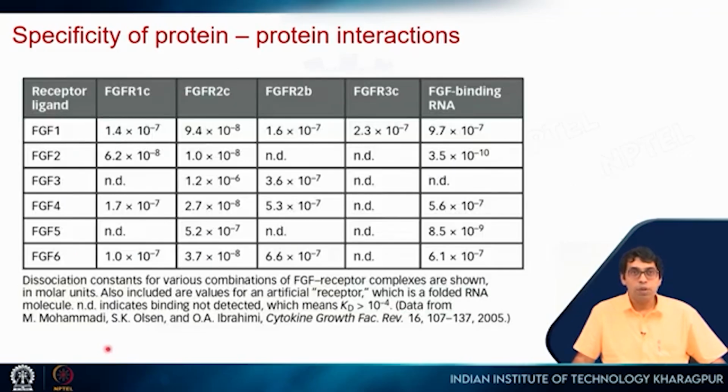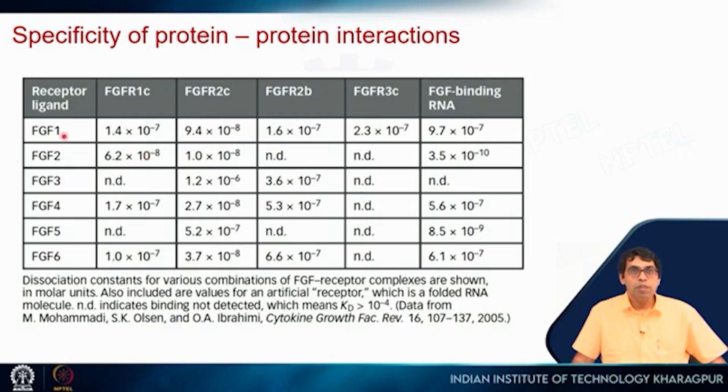This is also shown in tabular form here. This is FGF1 and you can see that it binds to these 4 receptors with very similar affinity: 10 to the minus 7, 10 to the minus 7, 10 to the minus 7, and 10 to the minus 8. This last one is actually an artificial receptor that was designed.